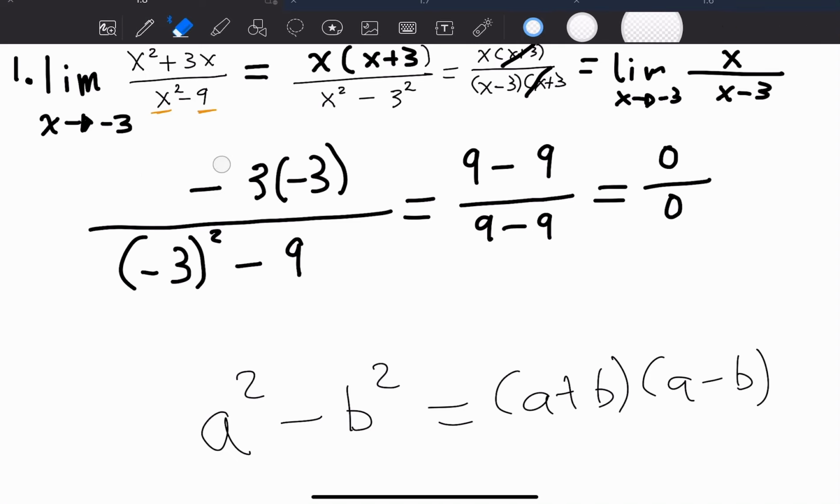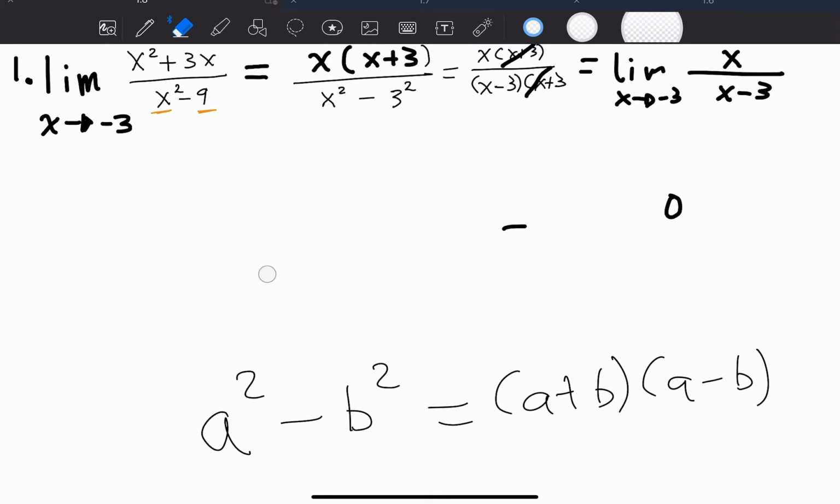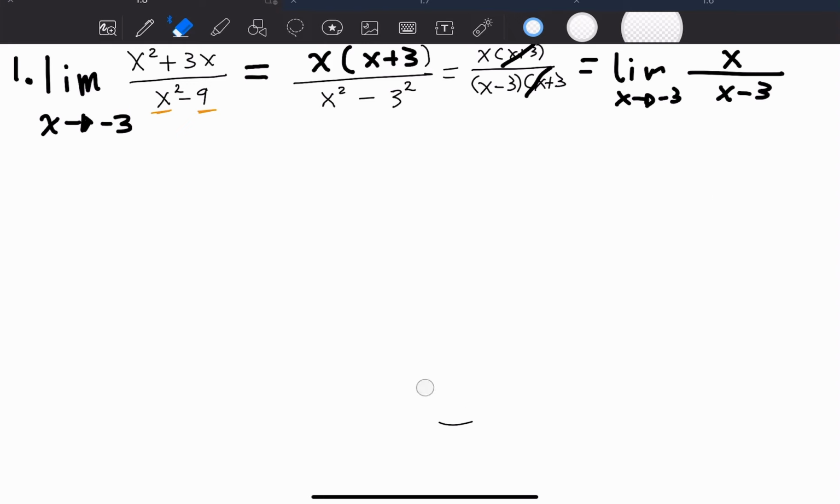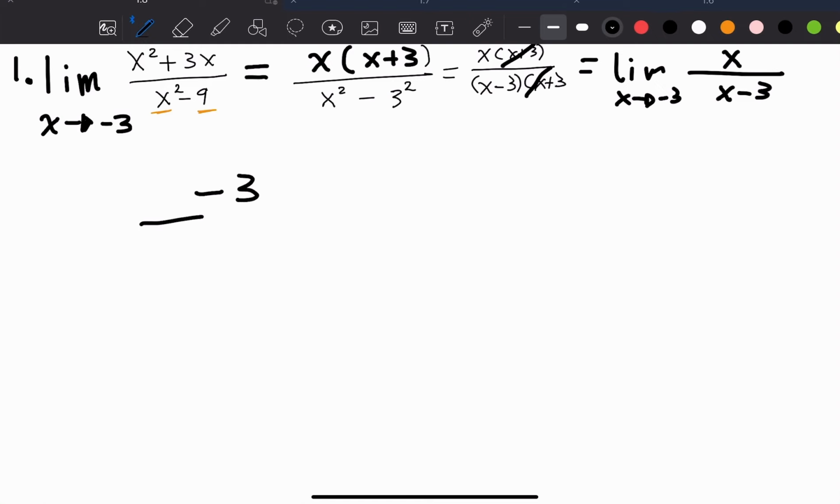What I did here was cancel the terms, and then I got a limit in which I can try to write -3 instead of x and see what happens. In this case, I can actually find a number.